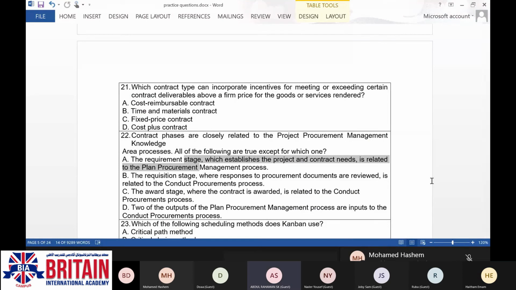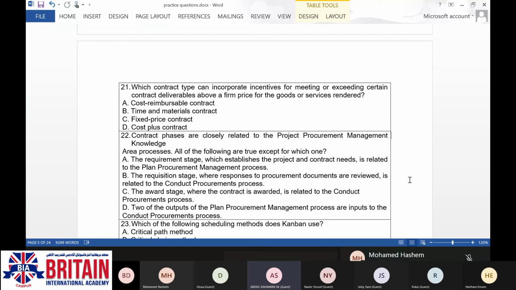Contract phases are closely related to the project procurement management knowledge area processes. All of the following are true except for which one? A, the requirement stage which establishes the project and contract needs is related to the plan procurement management process.